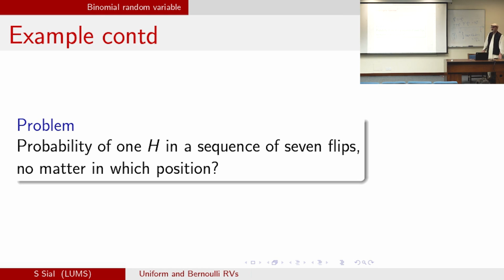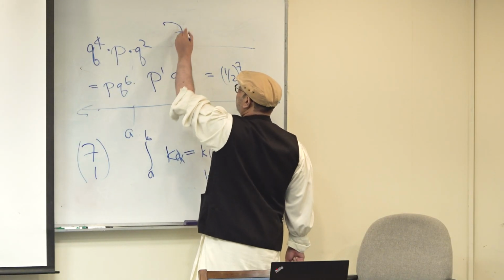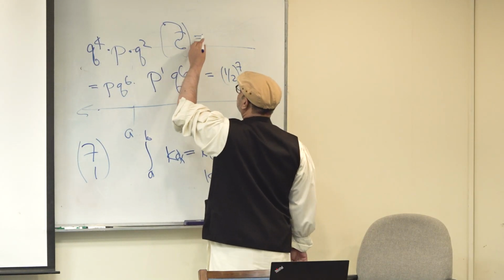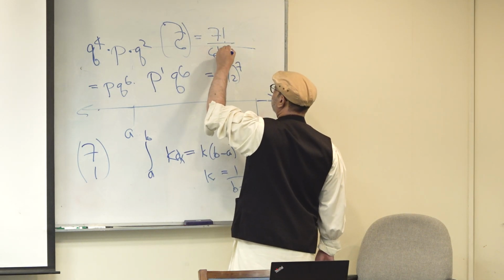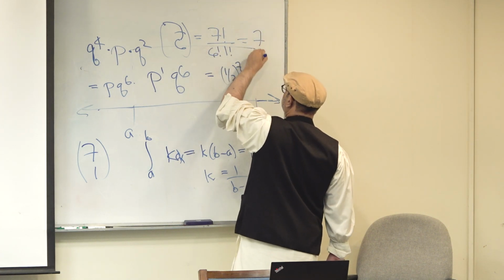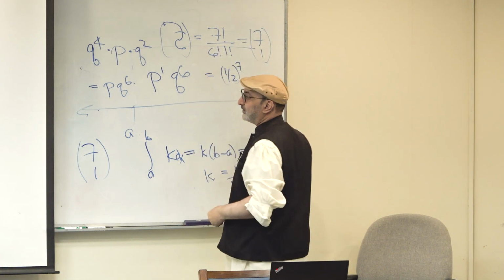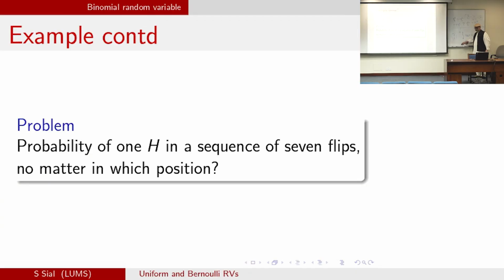7 choose 6 would also give you the same thing, right? 7 choose 6 is equal to 7 factorial over 6 factorial, 1 factorial, which is in fact the same as 7 choose 1. Okay?